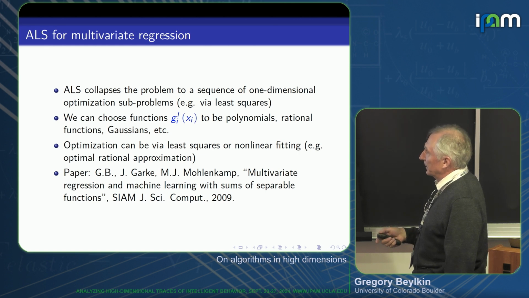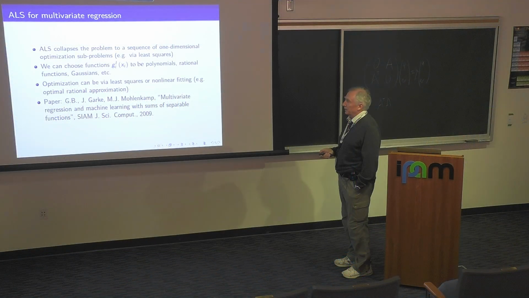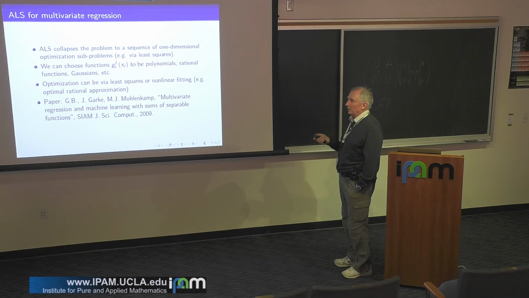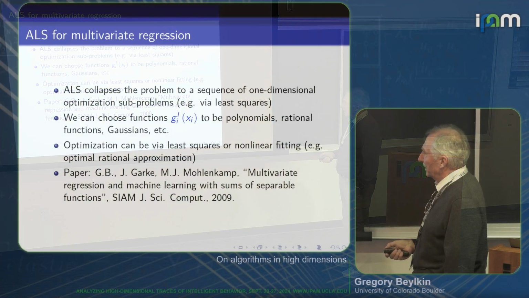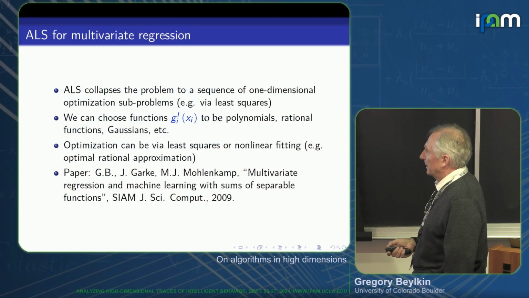And optimization in one direction can be done by a variety of algorithms. So nonlinear fitting of, for example, rational approximations, things which are not available. Rational functions don't have nice generalization to high-dimensional spaces, but in 1D, they can do wonderful stuff. They capture singularities. So there is a paper, and there are some examples there.